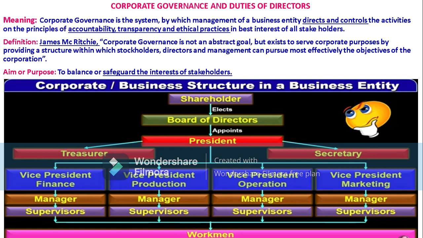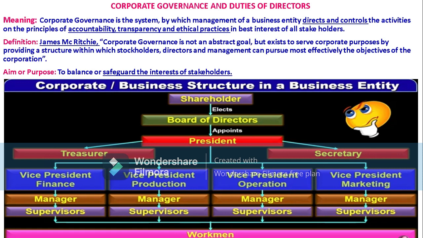At the same time, selection of top executives also. The board should assume the responsibilities of screening and selecting the top executives who can formulate and implement the strategies. For example, chief executives are key personnel in the process of strategy implementation, like CEO, chief executive officer, CFO, chief financial officer, likewise CS, company secretary.